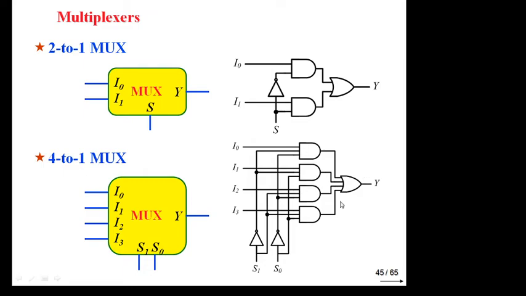So you have to remember, if in the exam maxterms are given, you have to convert them into SOP form, into minterm form. Now we will see how to implement any Boolean function by using a multiplexer.